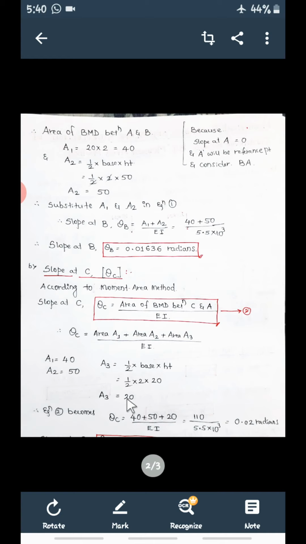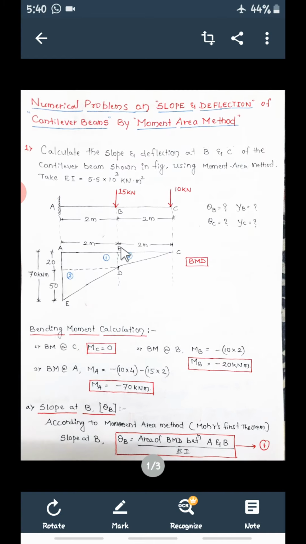Now see, area 3 is 20. So 20 into the perpendicular distance, that is the centroid from C. Again this is a triangle, so if you measure from 0, it is 2/3 of 2.